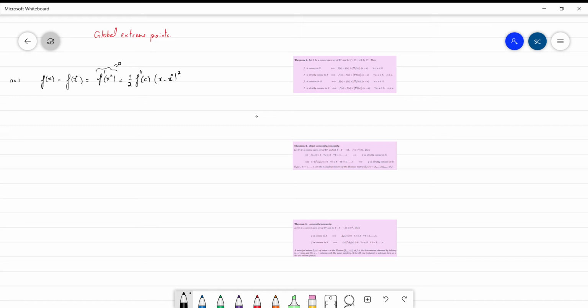So what if I had f second of c positive always?